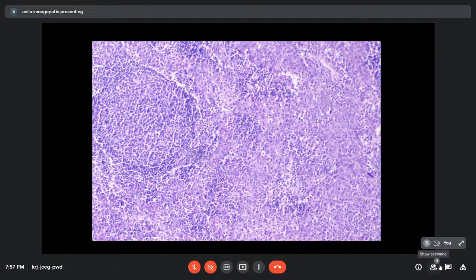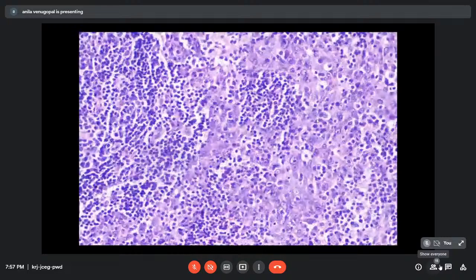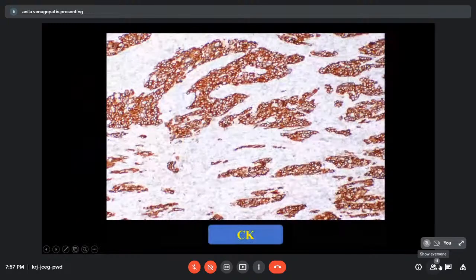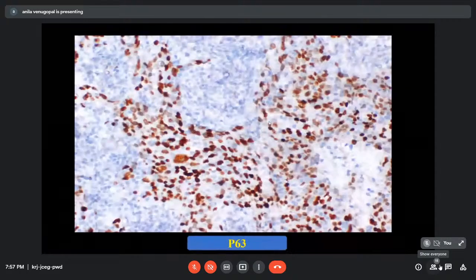This is the higher power view, showing prominent nucleoli and the intimate admixture with lymphocytes. The cytokeratin, as expected, was diffusely, strongly positive, and the squamous marker P63 was also strongly positive; you can do P63 or P40, and this is nuclear staining.